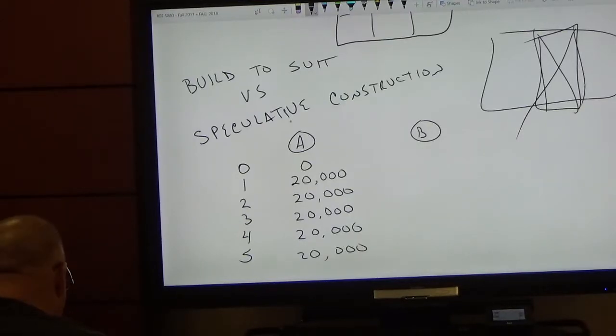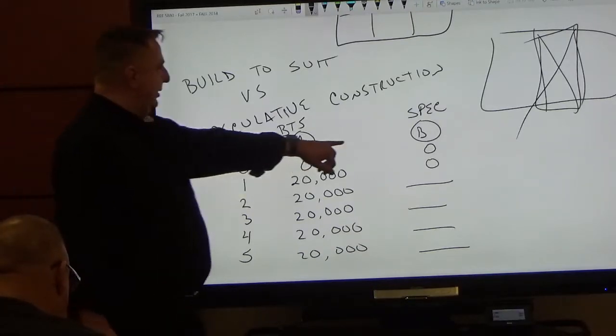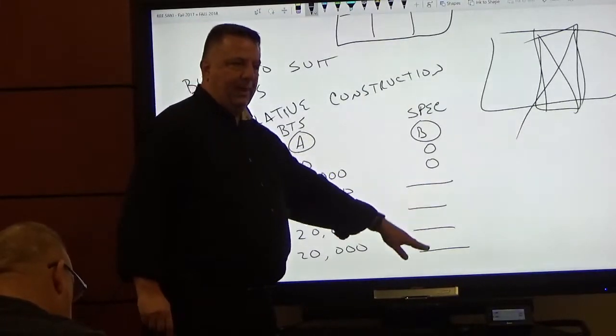And this is going to be for our build-to-suit tenant. Whereas over here on our spec space, it's going to sit empty for an entire year before somebody takes occupancy.